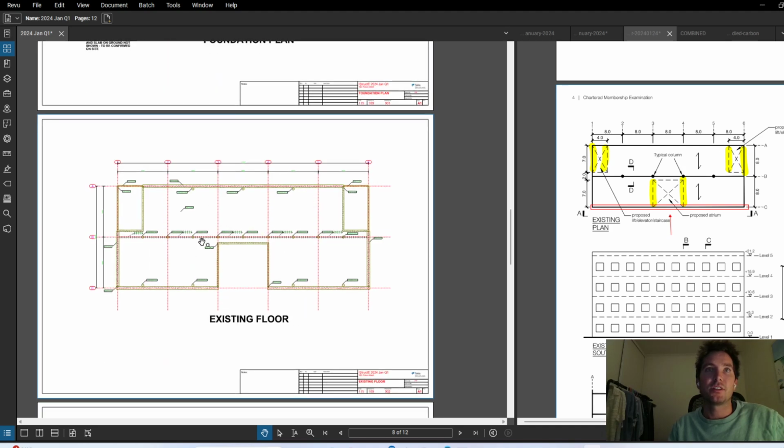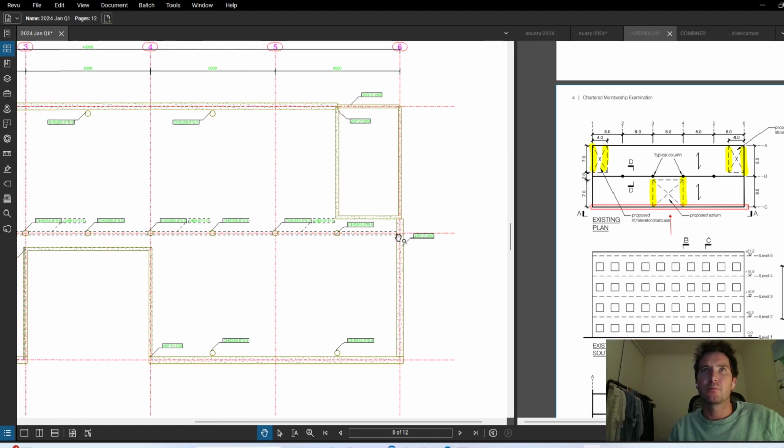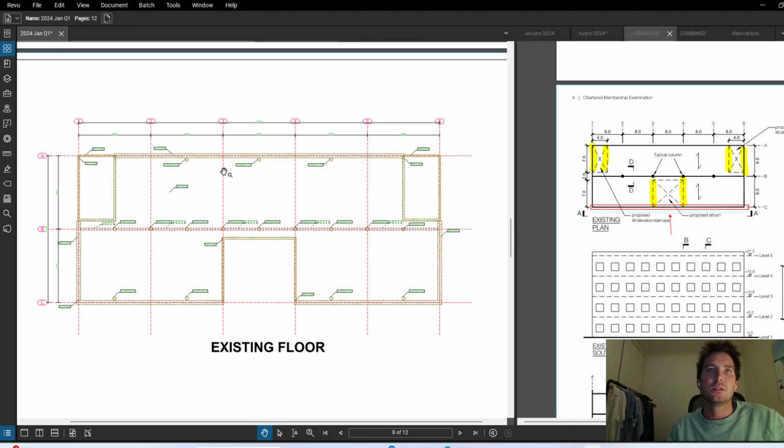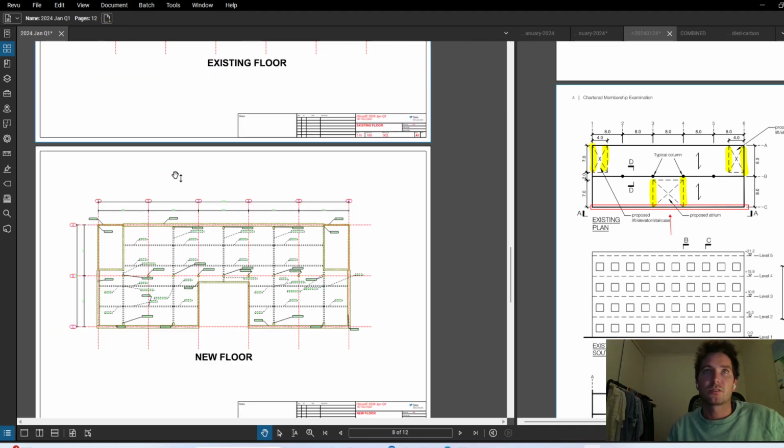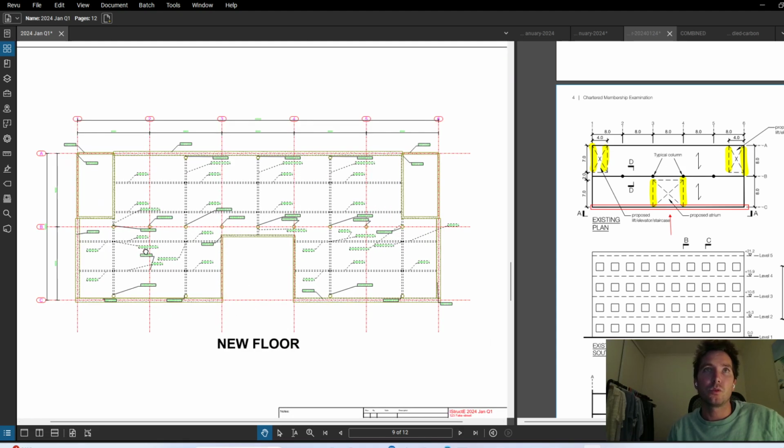Moving on, we've got the existing floor, which looks like this, just that steel beam and the precast slab. Then one drawing, plan view, showing a new floor.